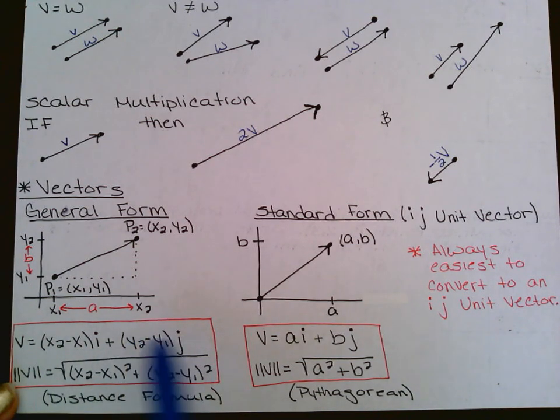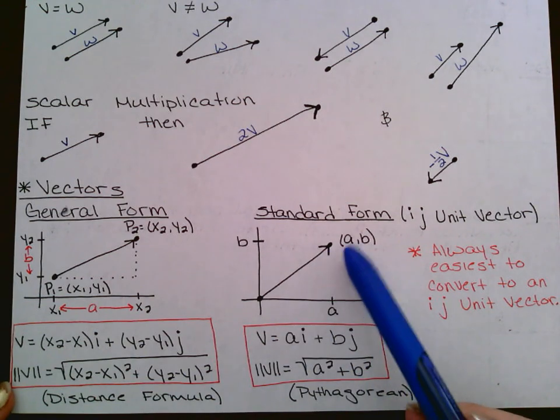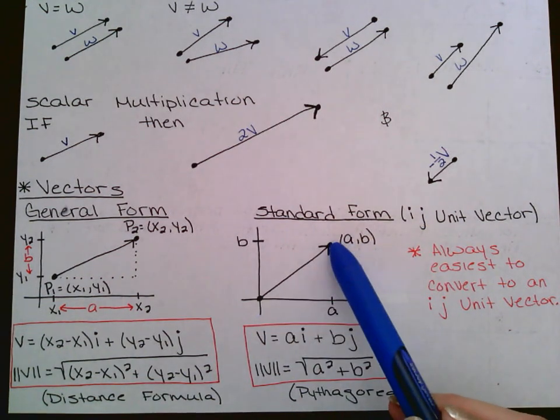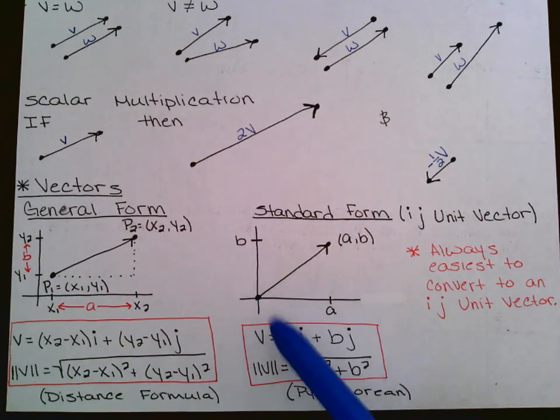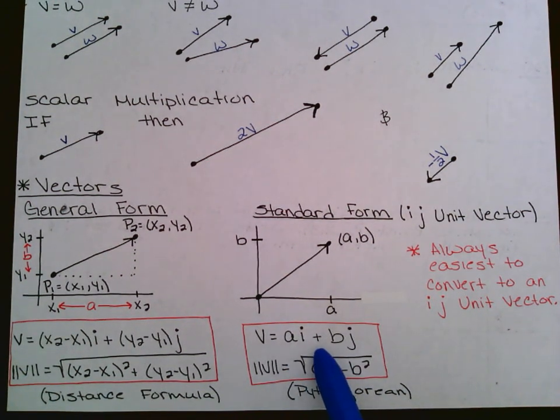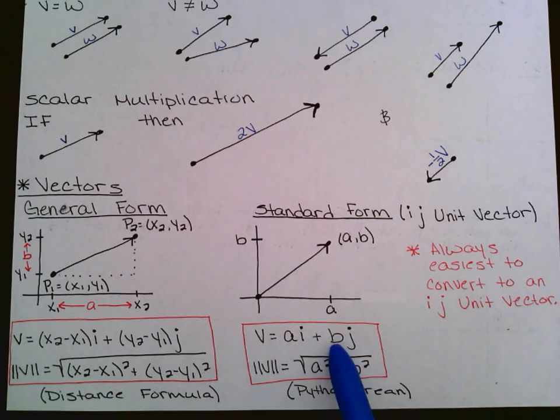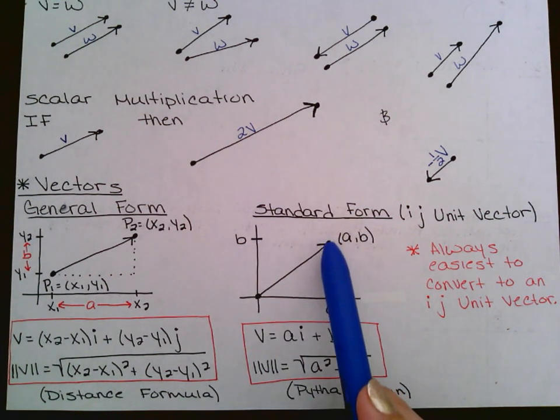Let's look at how the vector notation looks in standard form. Standard form is nicest because that one ordered pair is going to be your A and your B, because I start at the origin. Okay? The most standard, common, clean way to write a vector is AI plus BJ, where A and B represent the X and Y coordinates.